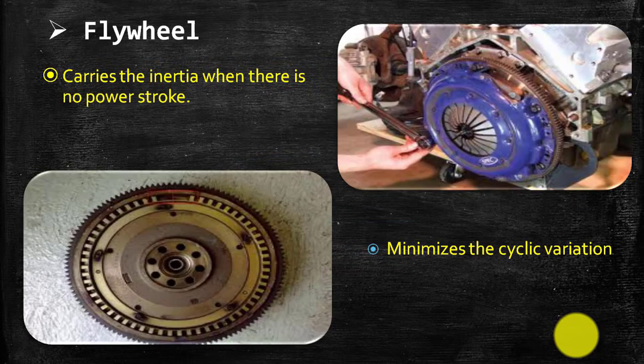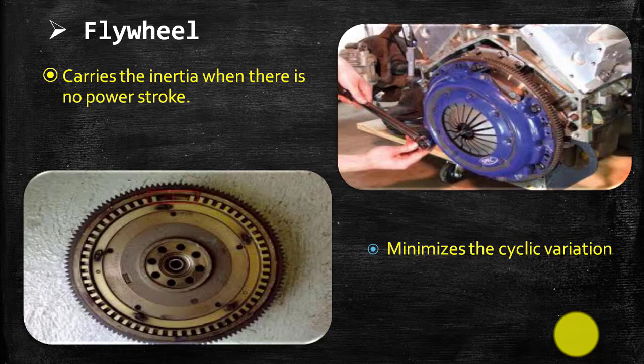So first, the flywheel. The flywheel stores energy from the power stroke and smoothly delivers it to the drivetrain of the vehicle between the engine and the transmission. It releases the energy between power impulses, assuring fewer fluctuations in speed and smoother engine operation.